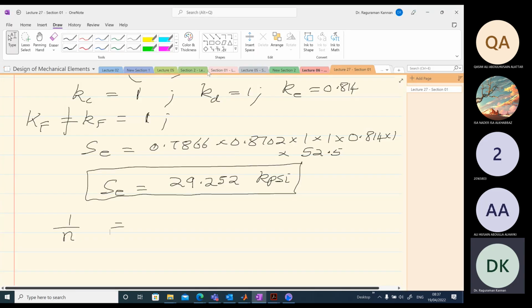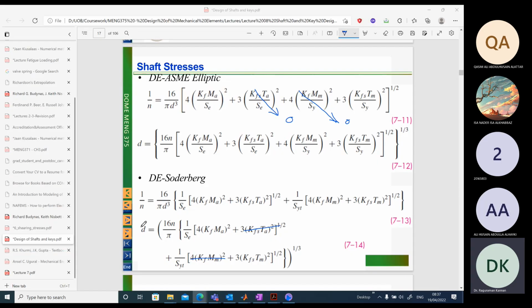Okay, but before that we also need to take care of capital Kf. We haven't calculated capital Kf. So to get your capital Kf, we need Kt and Kts.